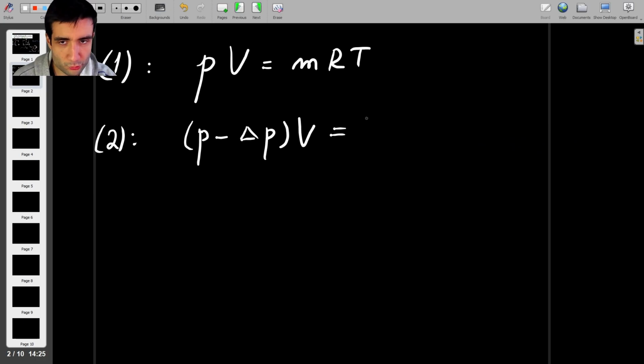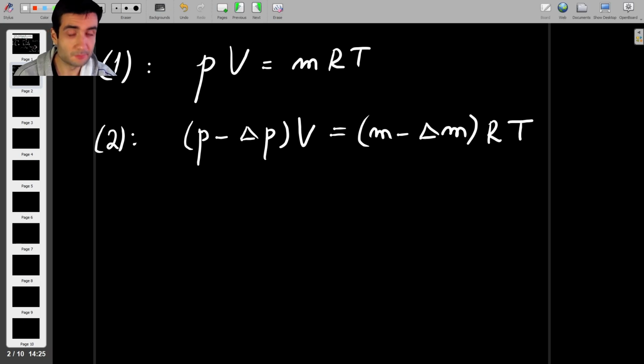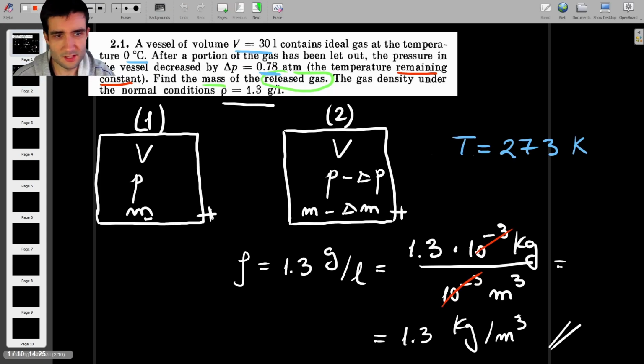And this is equal to the new mass, m minus delta m, times R and then times T. The temperature is the same in both cases, this is what the question says. So it's not really an isothermal process in that sense, because although the temperature is constant, the mass changes.